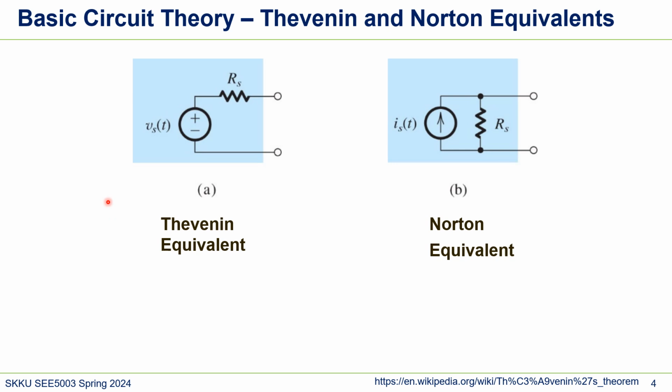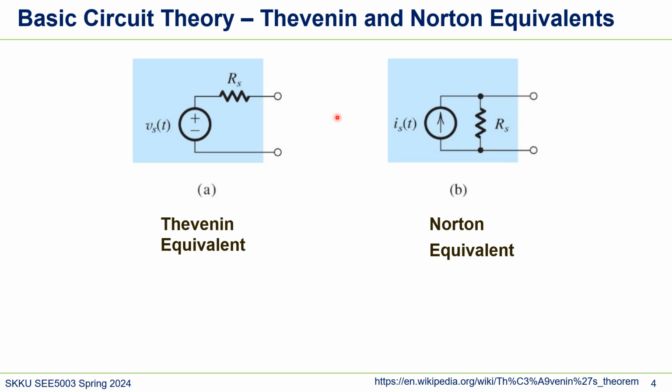The important point here is that the Thevenin equivalent must have a single voltage source and a single resistor. If there are multiple voltage sources or multiple resistors, that's not a Thevenin equivalent. This is the same for the Norton equivalent: there must be a single current source and a single resistor.